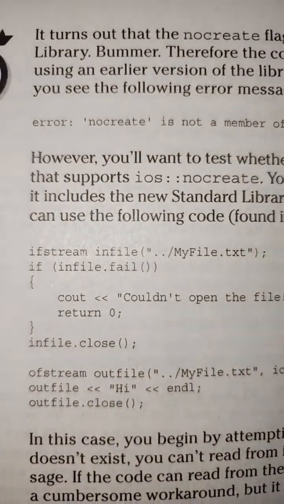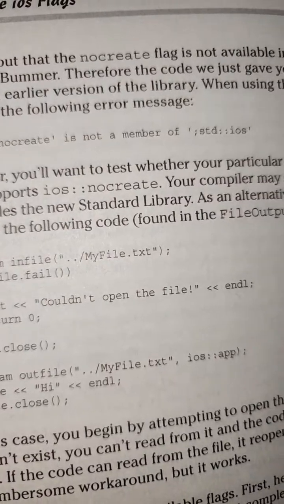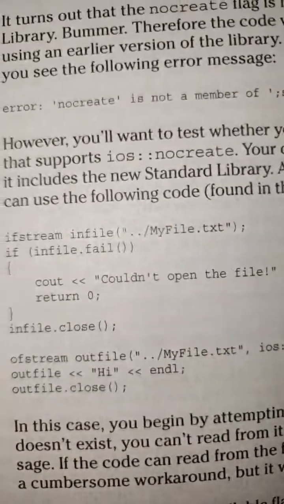Error: nocreate is not a member of std::ios. However, you'll want to test whether your particular compiler includes a library that supports ios::nocreate. Your compiler may support it anyway, even if it includes the new standard library. As an alternative to ios::nocreate, you can use the following code found in the file Output02 example.